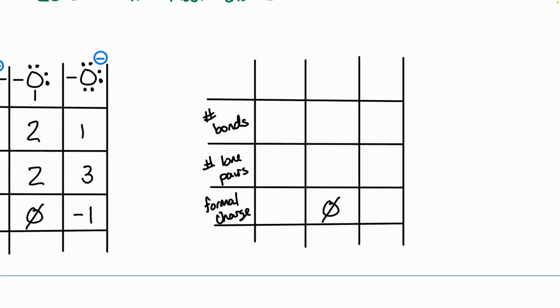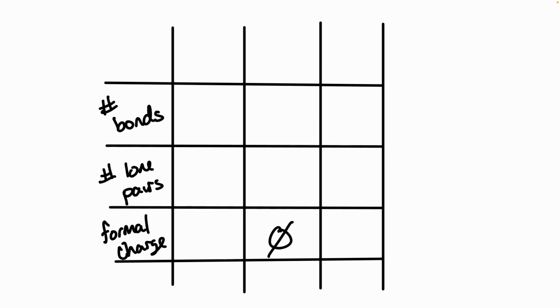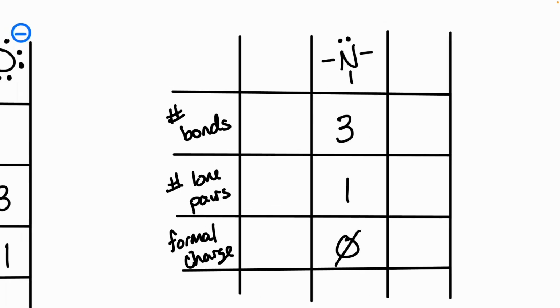Let's fill in this middle one together here. If nitrogen has a formal charge of 0, how many bonds does it have? 3, and then just 1 lone pair. Okay. See if you can fill in the rest of this chart by analogy with what you did with oxygen, replacing bonds with lone pairs and vice versa.